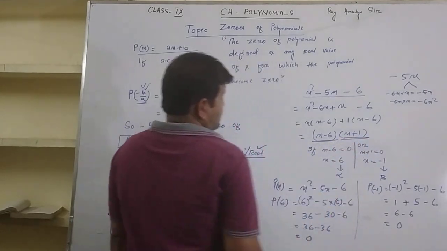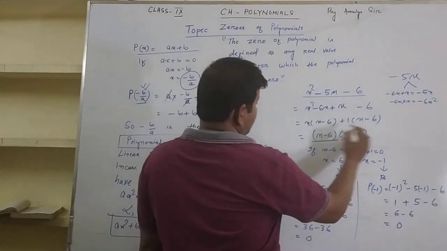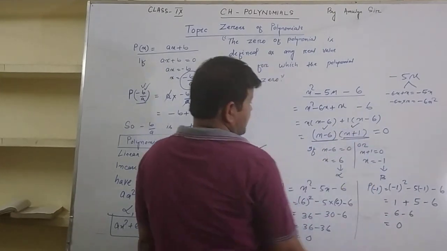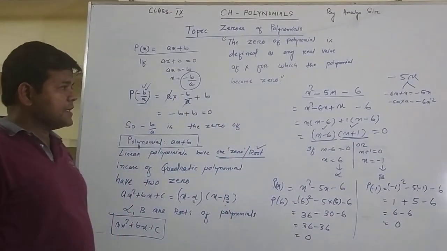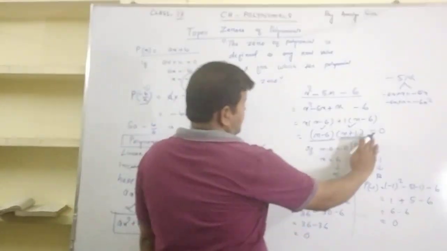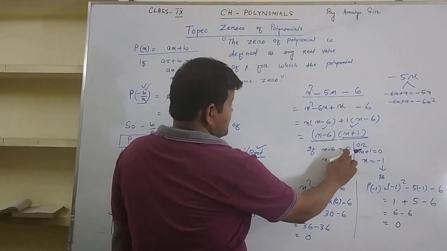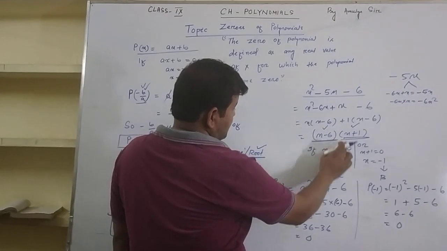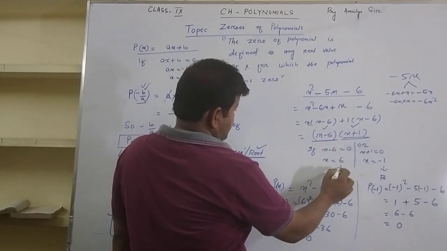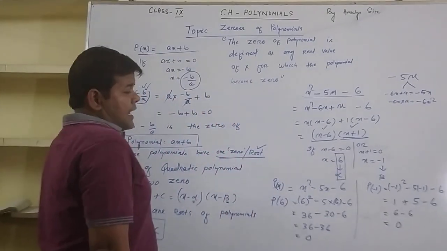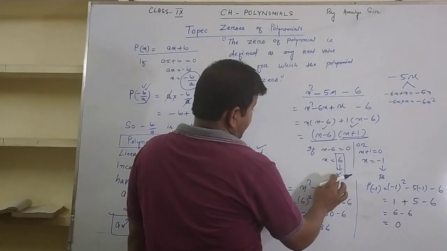Now if this total polynomial becomes 0, that means one of these parts is 0. See which part is 0. If x minus 6 equals 0, then x equals plus 6, so this is alpha.